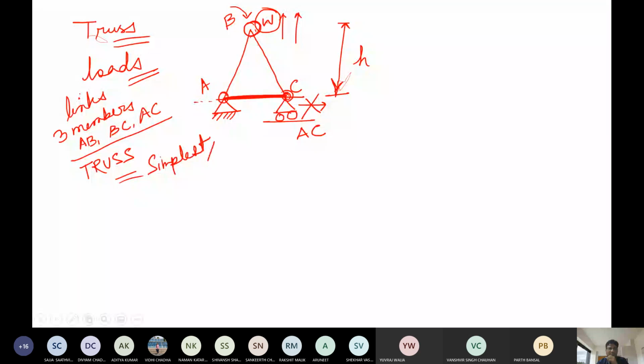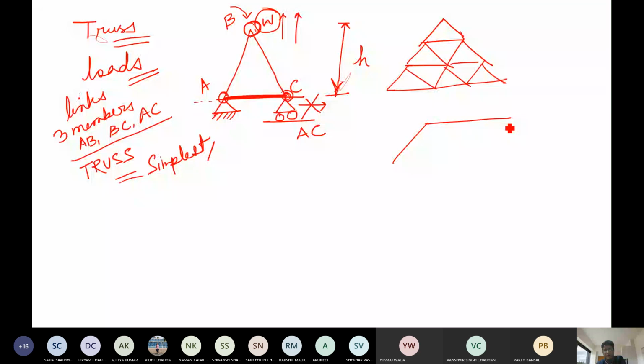Now you must have seen such structures when we go on adding these triangular structures one by one. Have you seen such structures anywhere? Where have you seen this structure? Bridges.